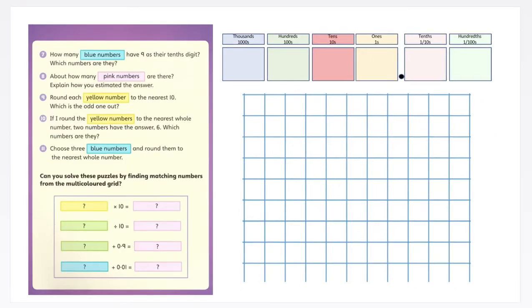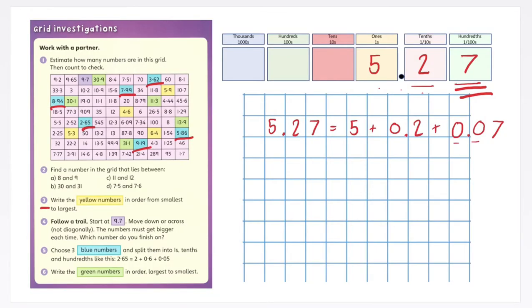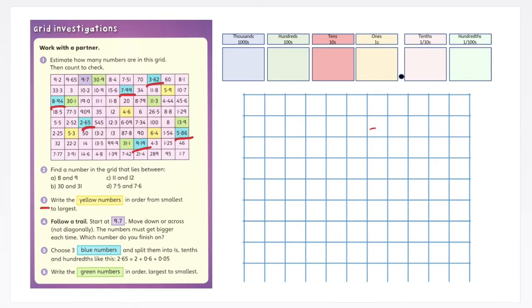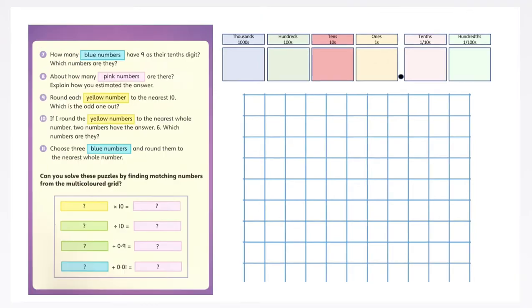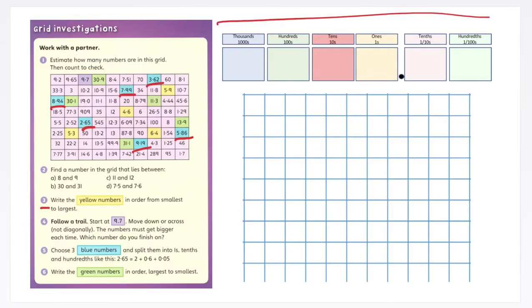Okay, next page. How many blue numbers have 9 as their 10th digit? Well, you can get something like this, frame thing I've drawn at the top here. You could write each number in it, and how many of them have 9 in their 10th, tenths, not tens, digit.